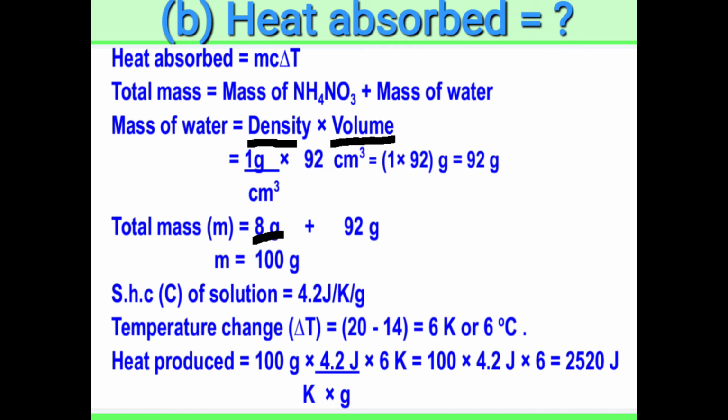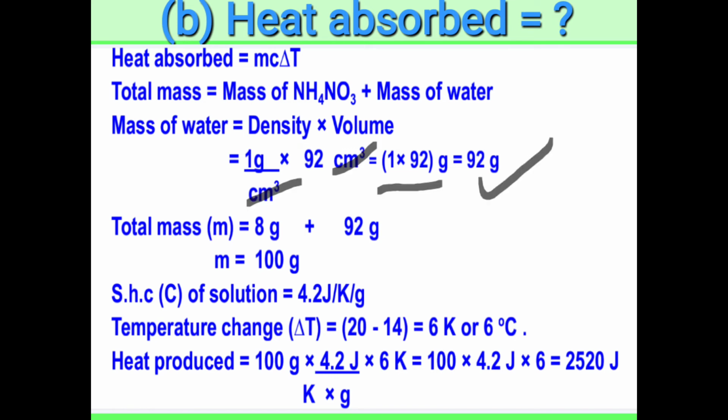So if we insert in our formula, we have our density and the volume. The cubic centimeters are going to cancel with the cubic centimeters, and we remain with this one. If you compute, we shall get 92 grams. So mass of water is 92 grams.